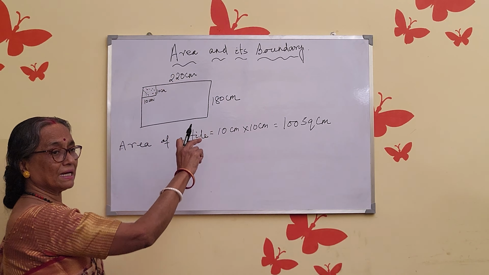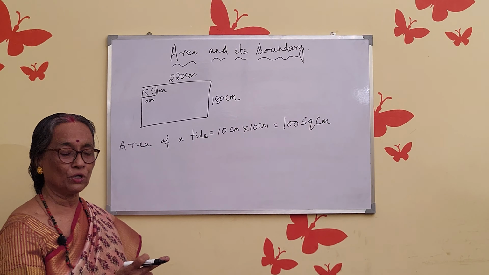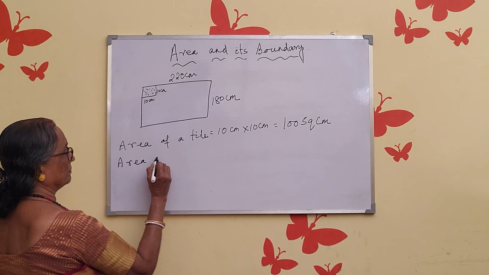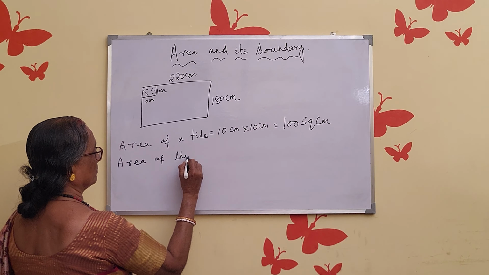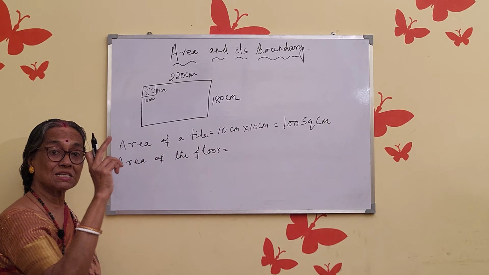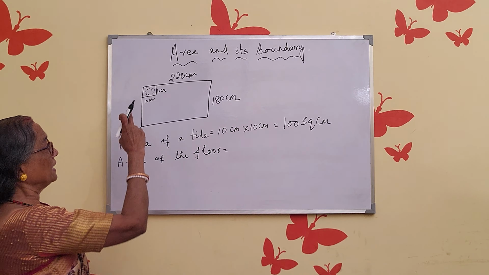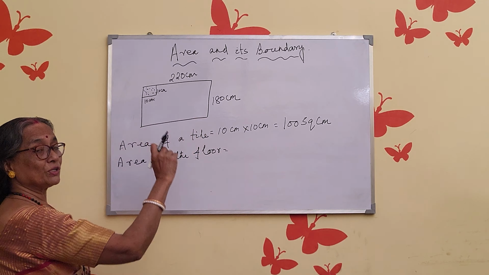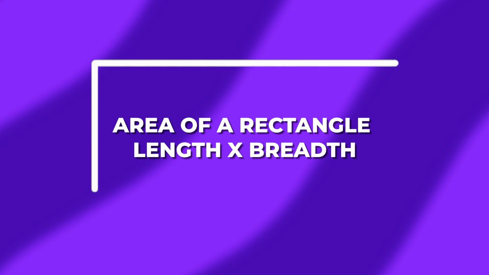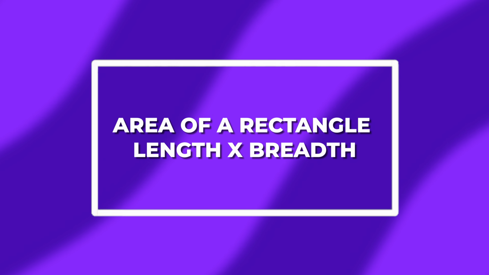Now you have to find out the area of the floor. But what is the shape of the area of the floor? The shape of the area of the floor is rectangle. Okay. Now you know that the area of a rectangle is length into breadth.